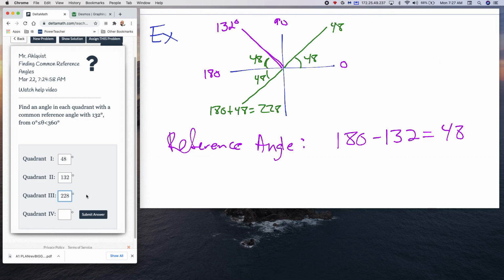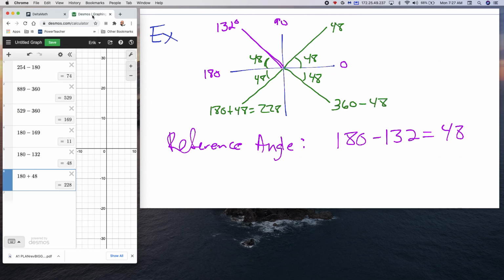And then my fourth one is going to come over here in the fourth quadrant, where if this is 48, we could do 360 subtract 48. So if we do 360 minus 48, we'll get the one in the fourth quadrant, which is 312.